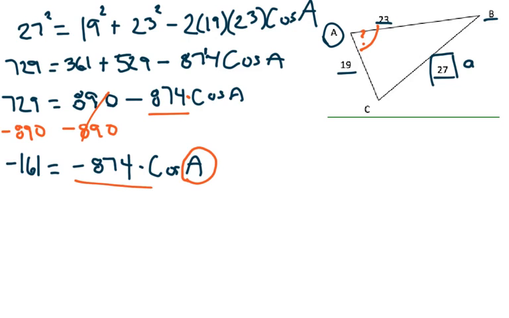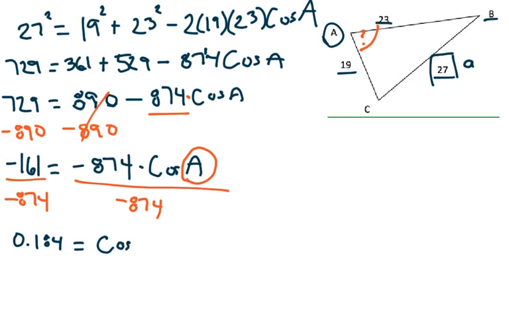I'm going to do that by dividing both sides by negative 874. And that leaves us with 0.184, and that is equal to the cosine of A.